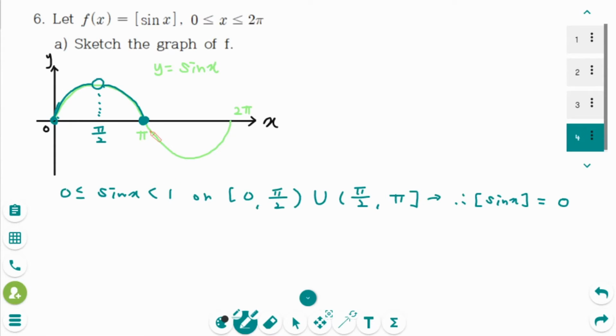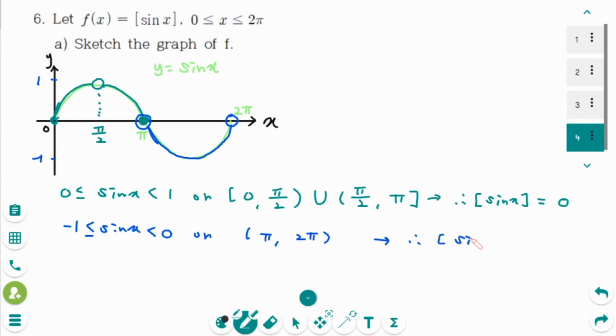And then this part is here to 2 pi. So sine x, that one is minus 1, that one is 1. So greater than or equal to minus 1, but less than 1 on pi to 2 pi. So therefore, greatest integer function sine x equals minus 1.